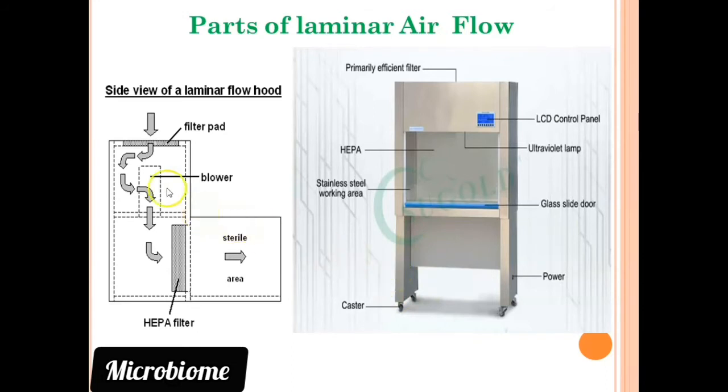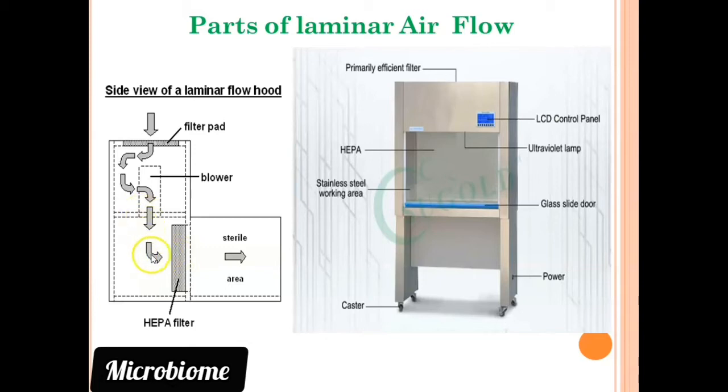Now here is a side view of the laminar airflow hood. You can see there is a filter pad. This filter pad prevents the primary contaminants present in the air. When air passes through this filter pad, that air is collected by the blower and passed through the HEPA filter.